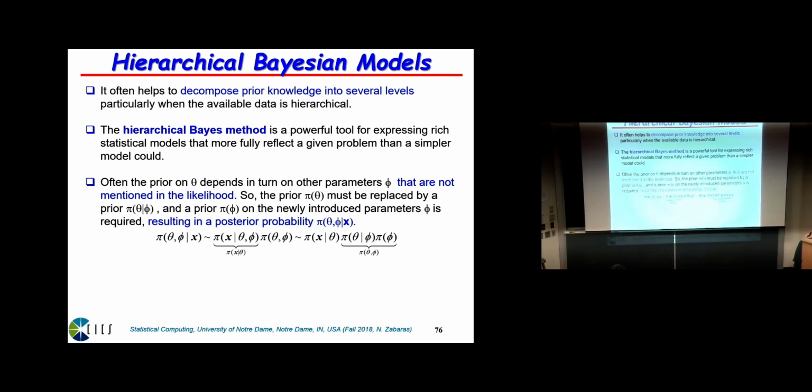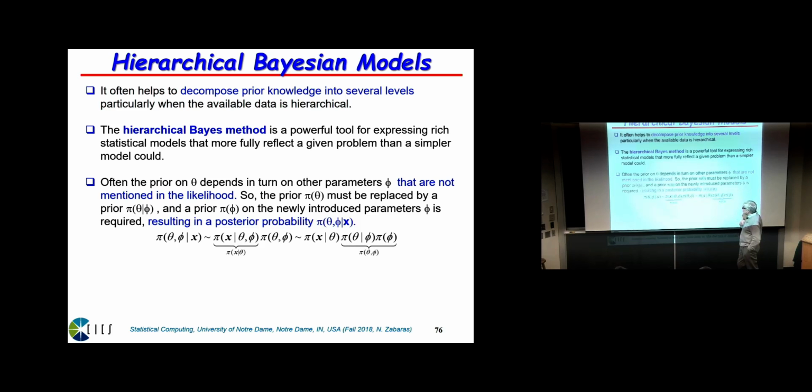So we talked about different priors, but then we move to the context of hierarchical prior models. Before, we had the parameters theta, and when we expressed the posterior, it was the likelihood times the prior.